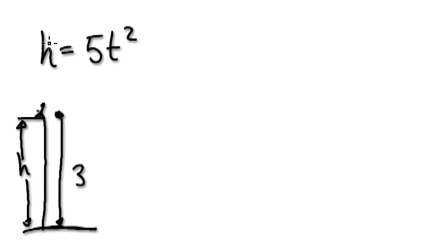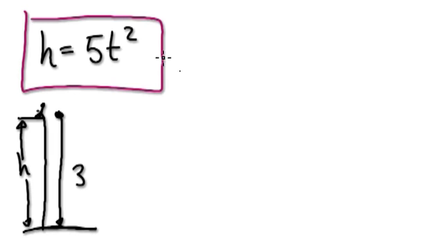So some scientists come up with this formula here. You don't know how they got to this formula. You're just given this formula, h equals 5t squared. You don't know how they got there, but you can actually use it. So now let's say you drop a cannonball off here, and it takes 3 seconds to reach the bottom. We don't understand how they got to this formula, but let's just use it anyway.